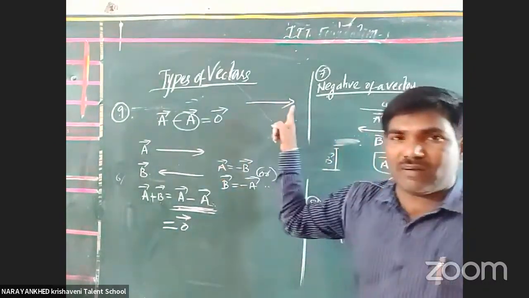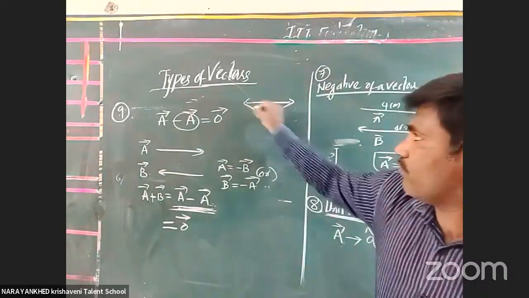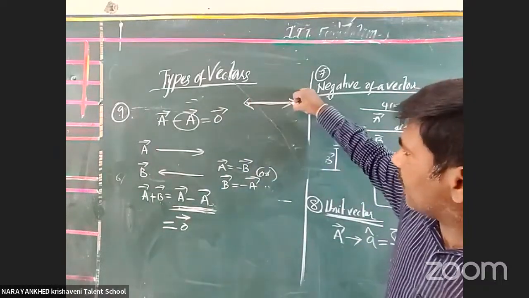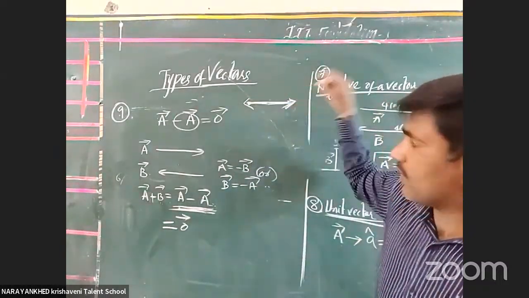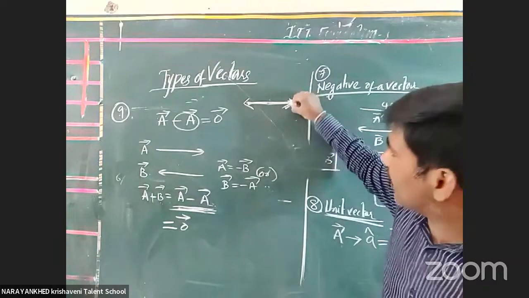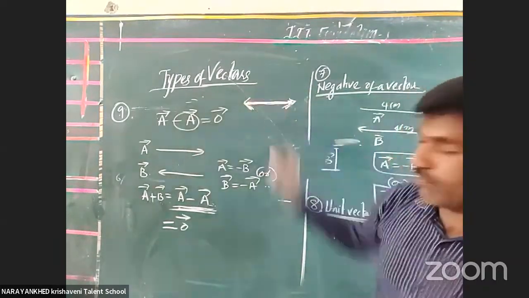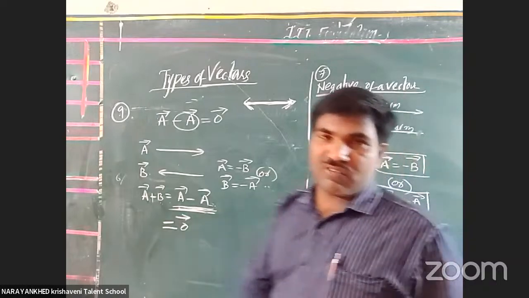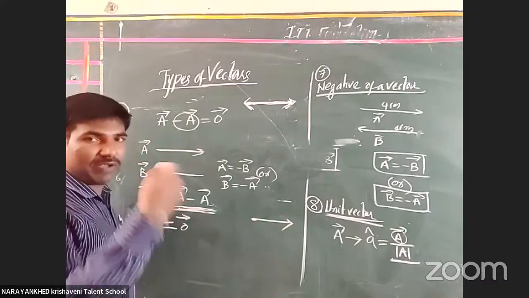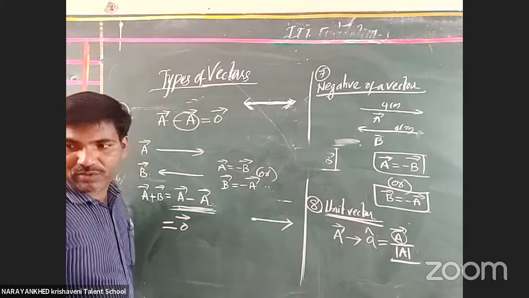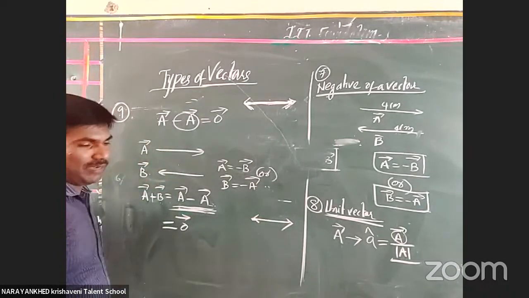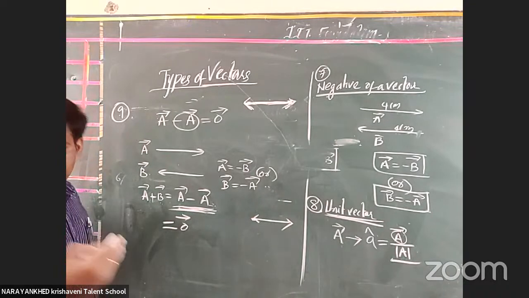The terminal point of it will be at this position, and this is the initial point. For the other vector, the terminal point is taken from here. This point indicates the initial point, and this particular point is the terminal point, with the direction coming towards the point.